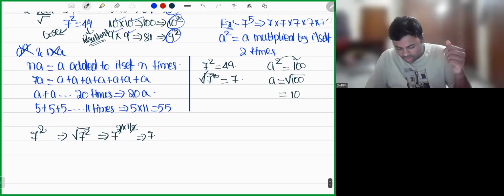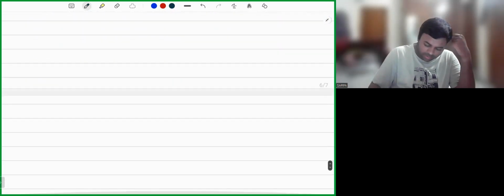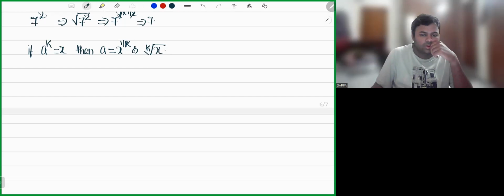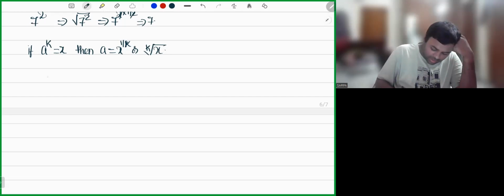Okay, so simply to say, I will give you a property like this. I'm telling if a power k is equal to x, then a is equal to x power 1 by k. Some mathematicians write it as k-th root of x. Like say for example, a cube is equal to 27.